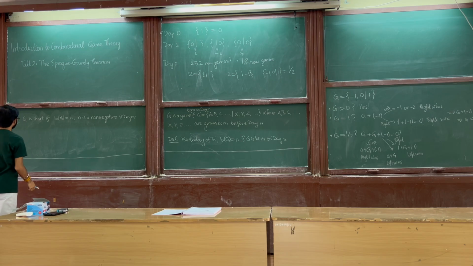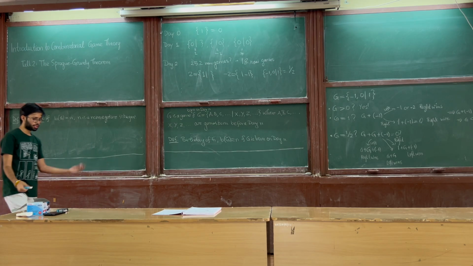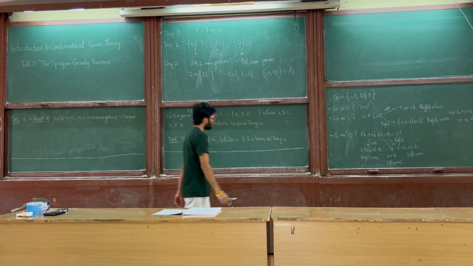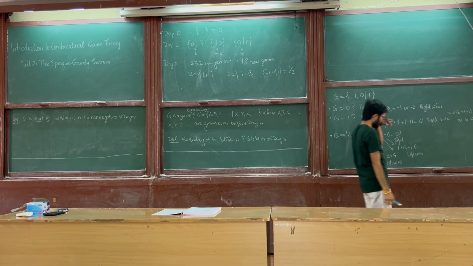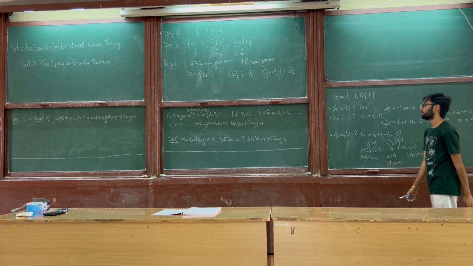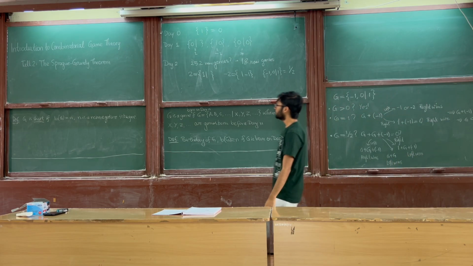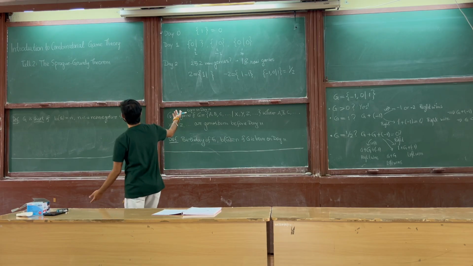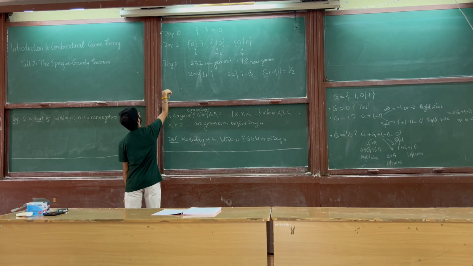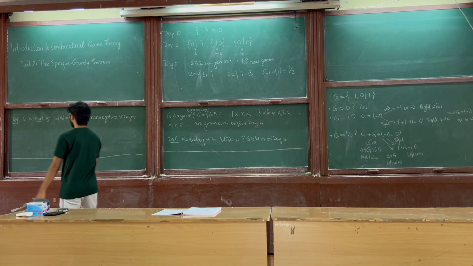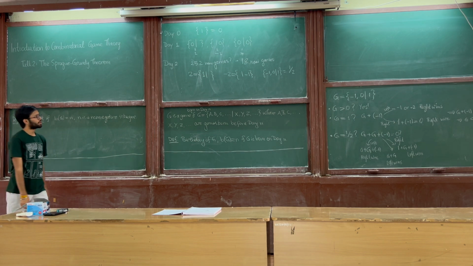I'll say that a game G is short if it was born on a non-negative integer day. This definition might seem a little strange at first sight, because what else is there? Well, of course, there's only the non-negative days, right? That would be wrong, because there are more days.